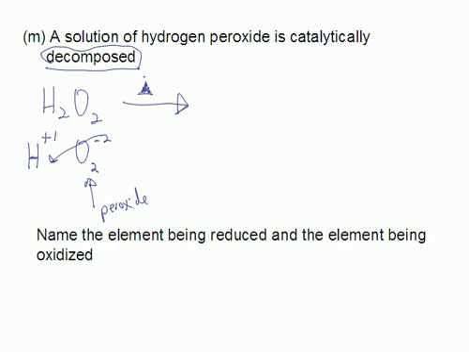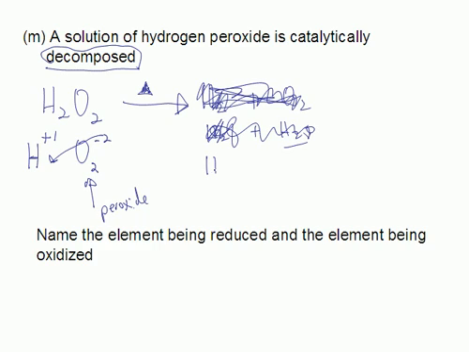Let's think of some logical choices for it to break into. We could break it into H2 gas and O2 gas, but H2 is really combustible, so that's not a stable thing for it to break into. We don't want to create hydrogen, so we could break it into H2O and O2. That's very good. Balance this reaction: give it a 2 here and a 2 here. That should take care of it.